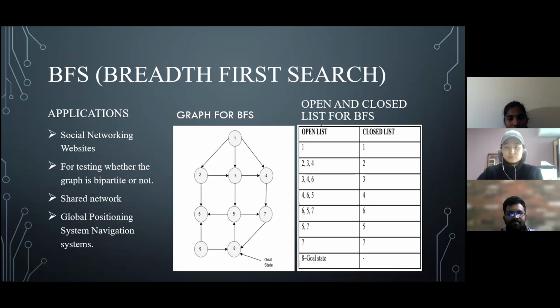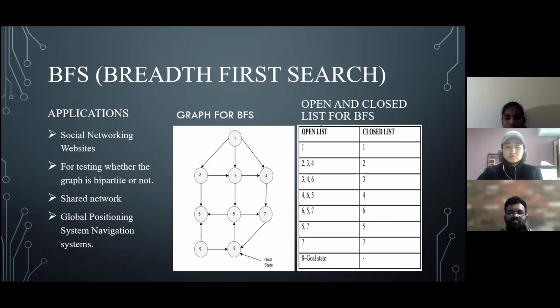Here we have some applications: it is applicable when memory is not an issue, and when you must find the solution with the fewest steps. Few solutions may exist, and at least one has a shortest path. And here are some advantages and disadvantages.